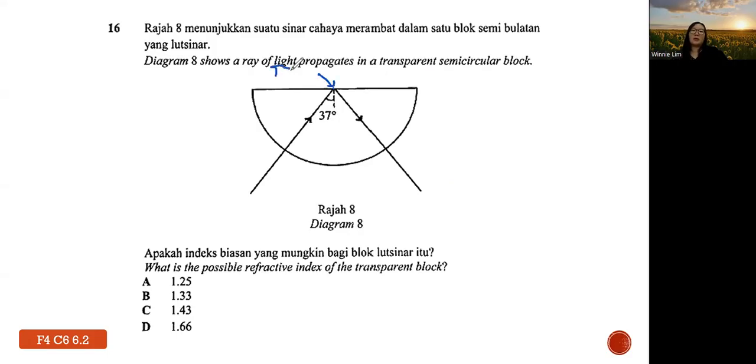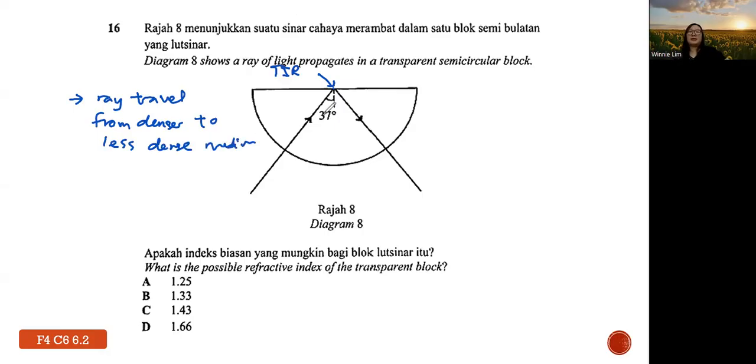For total internal reflection to occur, there are two conditions. One, the ray must travel from where? From a denser to a less dense medium. Then next, your incident angle must be more than the critical angle.